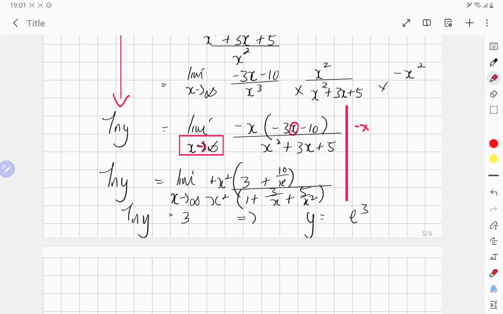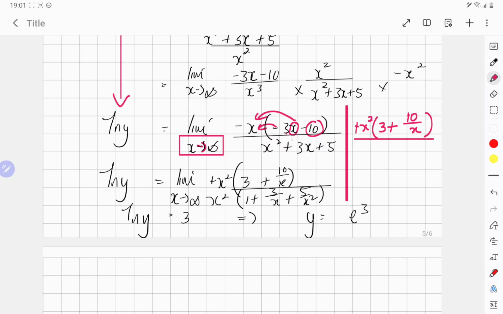So I'm taking out x here, so I get negative x squared. But I can also take out the negative, so I have a plus. But if I take out x from 3x, I just get 3. If I take out x from 10, I get 10 over x. Remember, taking out means dividing.